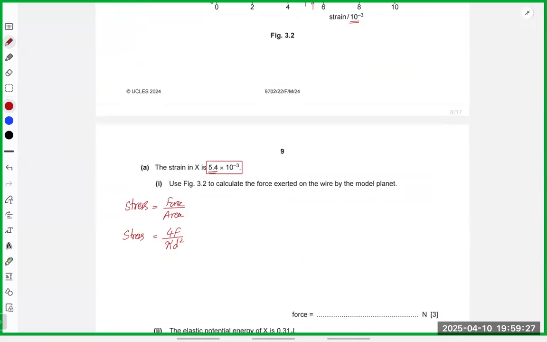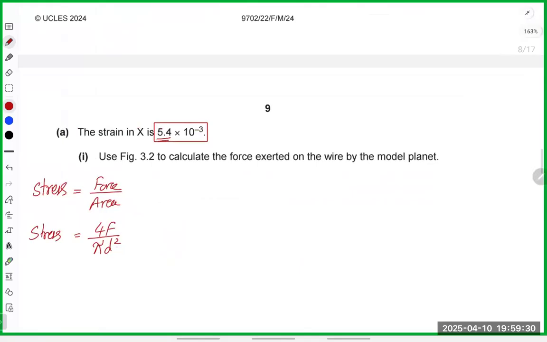Now, we need force. So F equals stress into pi into d square divided by 4.